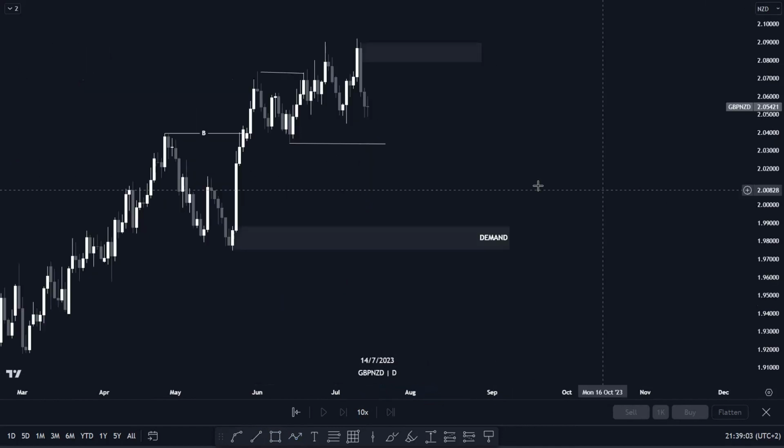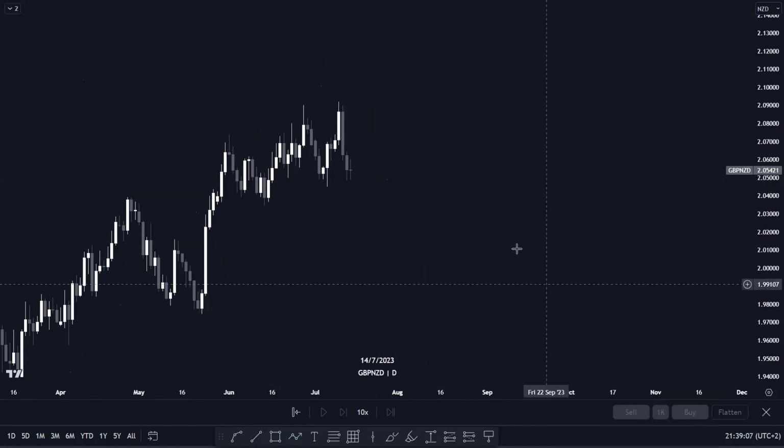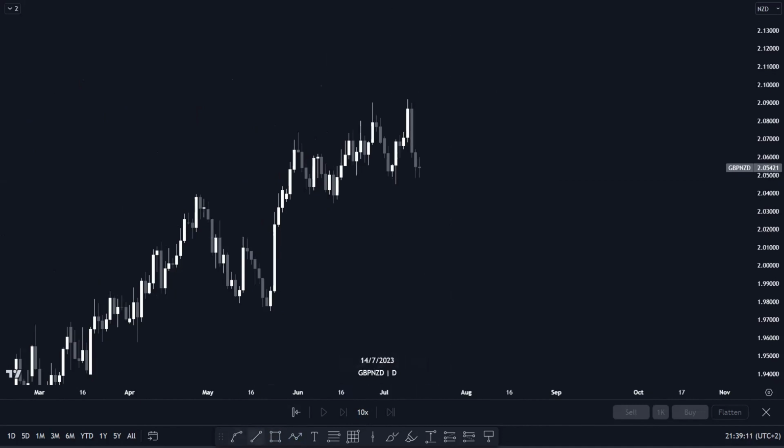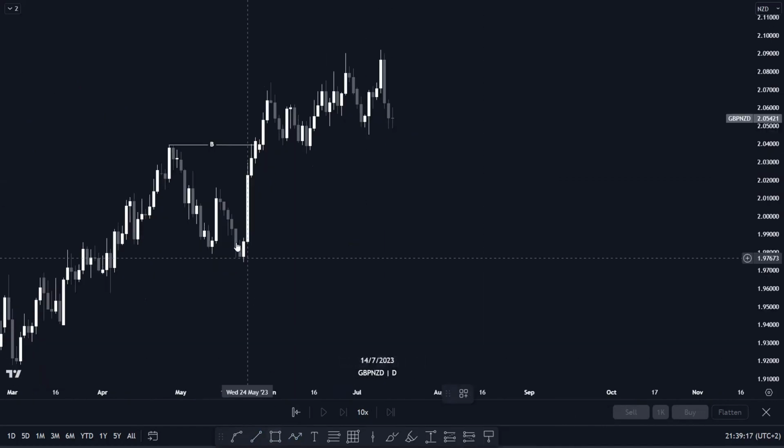Okay, so for GBP USD, we have this beautiful break of structure here, and we have this beautiful demand zone here.